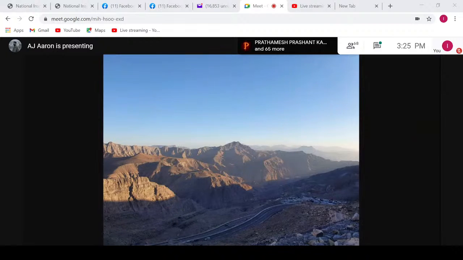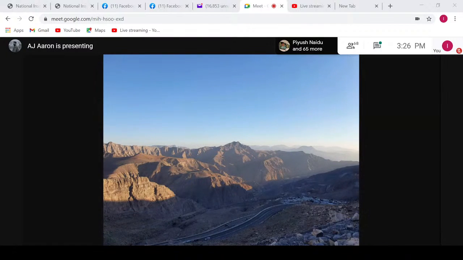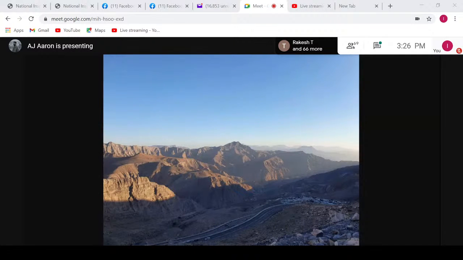Do you think something interesting could have happened in the midground on the road, just to add a little bit more to it? Maybe a long exposure photograph. Long exposure, yeah, definitely. Someone said white cars, yeah, definitely.